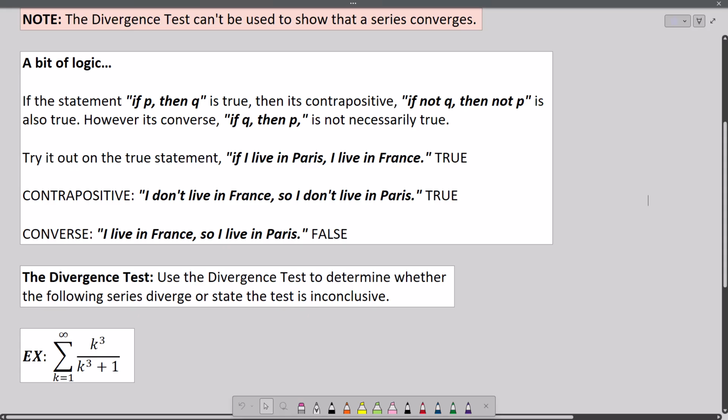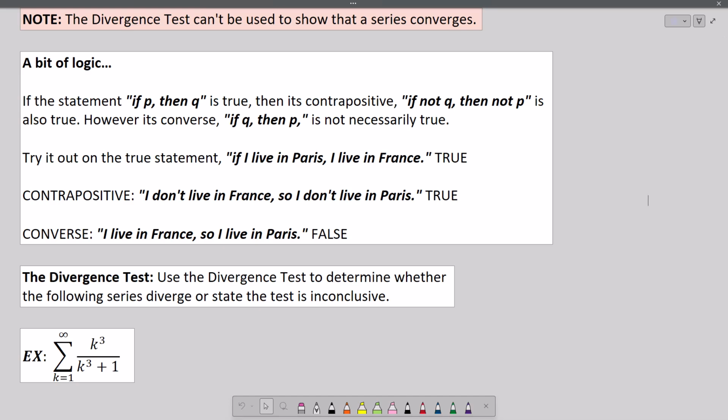That has to be true. Those two are always equivalent. Converse, though: I live in France, therefore I live in Paris, obviously false. So the contrapositive is equivalent to the original statement.